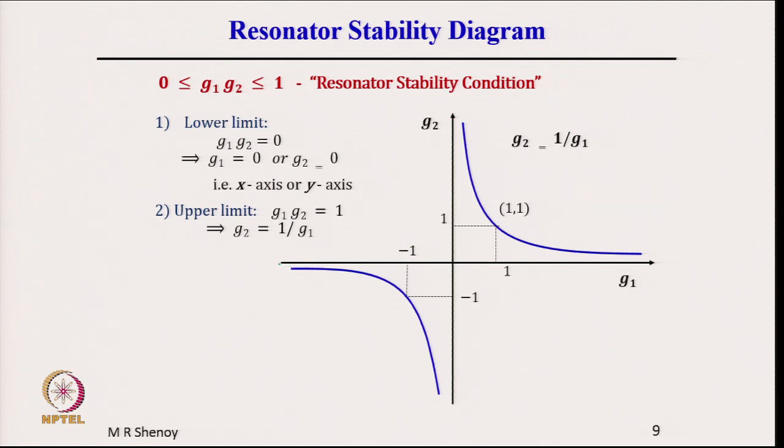So, G 1 equal to 0 means G 1 is 0 all along this axis, and for the x axis G 2 is equal to 0. So, these are the two bounds. The other bound, the upper limit, is given by G 2 is equal to 1 by G 1, which means for any given value of G 1.